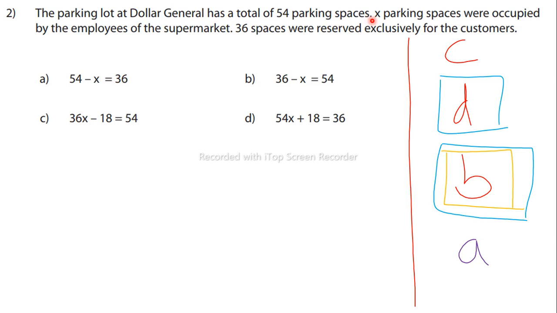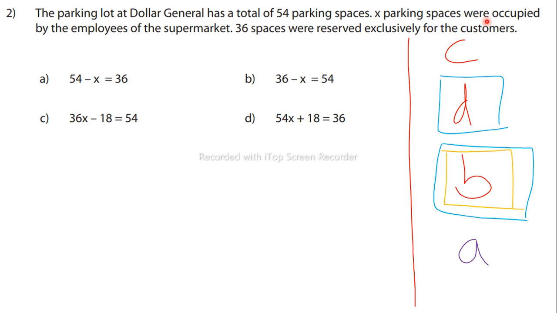I have X minus 36, right? So B would be like a reverse of that. It'd be a different equation. The reverse of it would be negative X plus 36. Okay. Yeah.